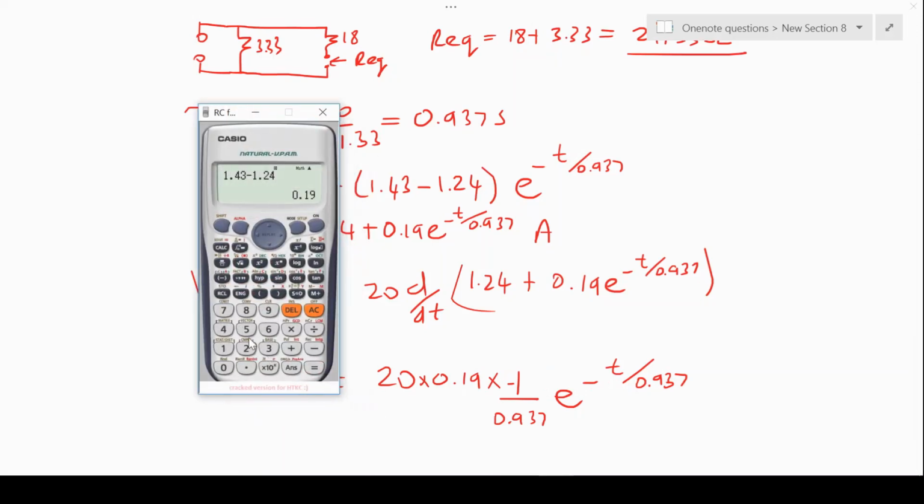That's going to give us 20 multiplied by negative 0.19 over 0.937.